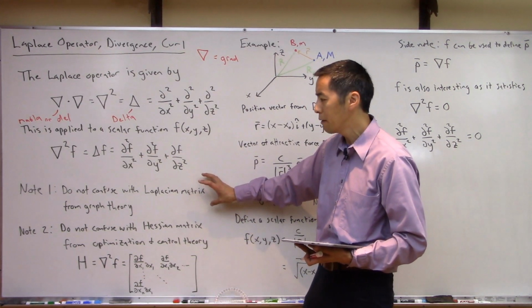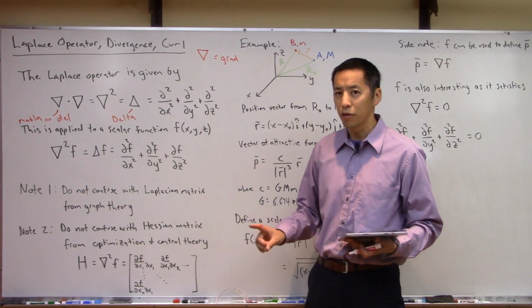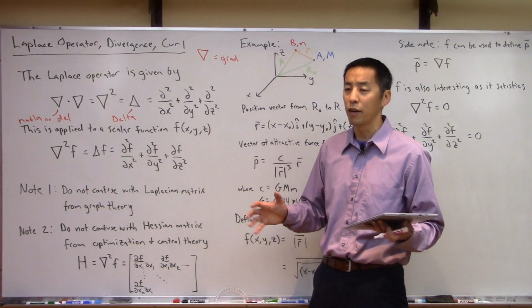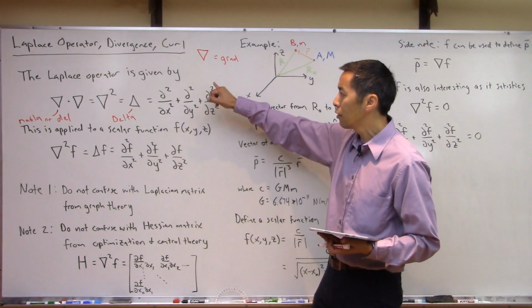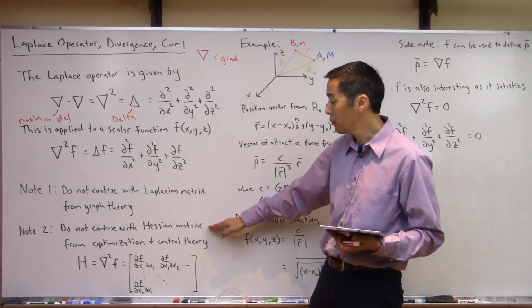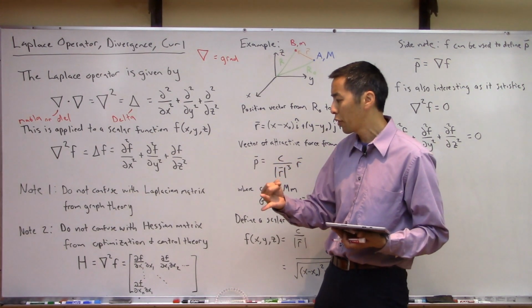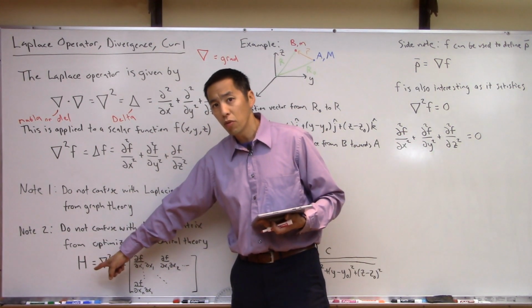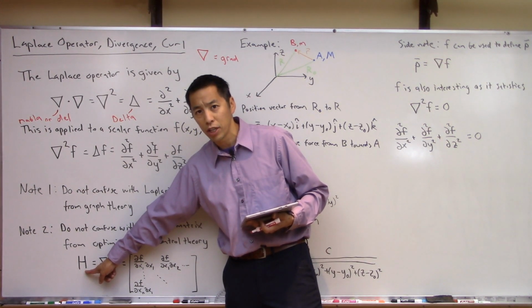The second thing that I want to note here is also, in terms of notation, unfortunately there's some collision going around in the mathematical and engineering community. Do not confuse this Laplacian or this Laplace operator with a Hessian matrix. Sometimes you'll see this Hessian matrix in the fields of optimization or control theory, and sometimes they'll denote it as H, which is I think a much better notation.